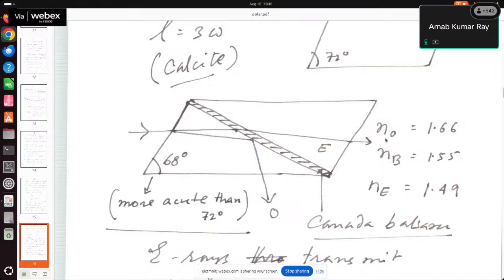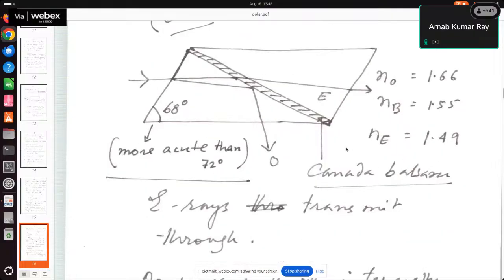So, if you note that for ordinary rays, the refractive index is greater than the refractive index of this balsam material, which means that it is possible, if we can adjust our initial angle of incidence to a certain critical value, to make the ordinary rays undergo total internal reflection at the balsam calcite interface. Whereas for extraordinary rays, nothing of the kind will happen, because extraordinary rays have a refractive index that is lower than that of the balsam material. As a result, it will just drill through.